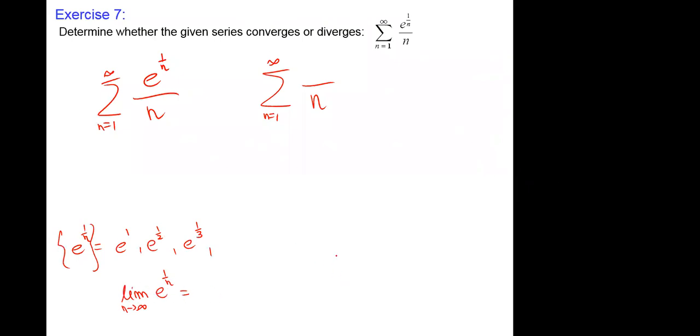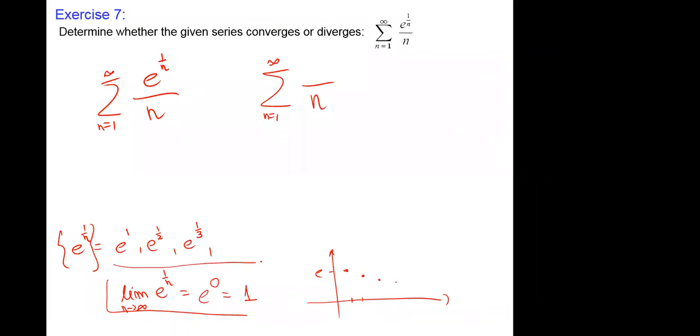I'm just trying to think what to compare with. If this starts with e, and then e to the power of 1/2, e to the power of 1/3, can you tell me the limit at infinity of e to the power of 1/n, as n goes to infinity? Of course, that's not a good notation. One huge number in the denominator is a small number. So e to the power of 0 is 1. Also a good limit to remember.